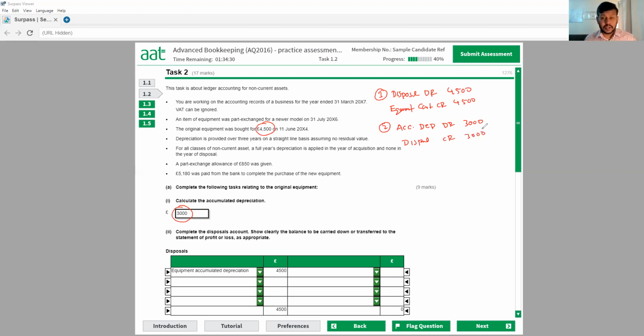Normally accumulated depreciation is always credit, but here it is debit because we are removing this asset, so all the depreciation also has to go. Debit and credit are like plus and minus, so it has to go from here. So now record this one here: accumulated depreciation, that is 3,000. In the exam, all you have to do is pick the right one.